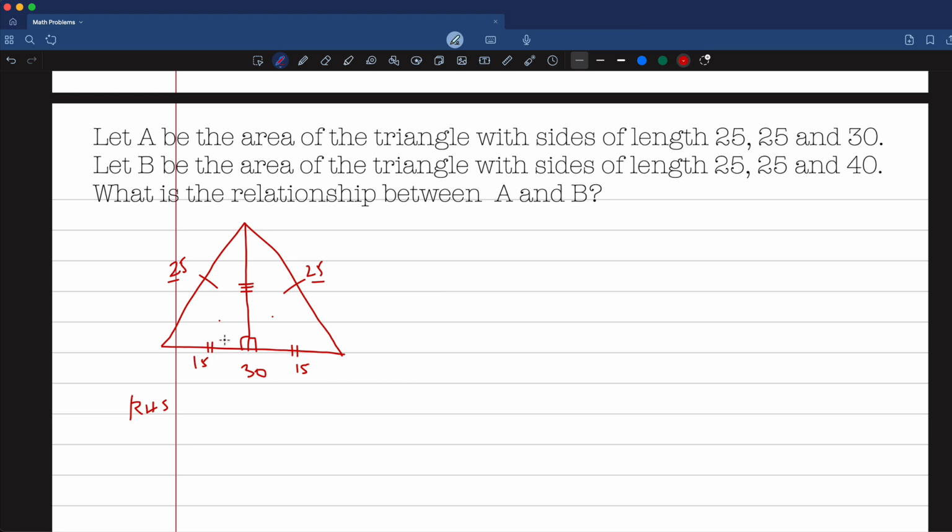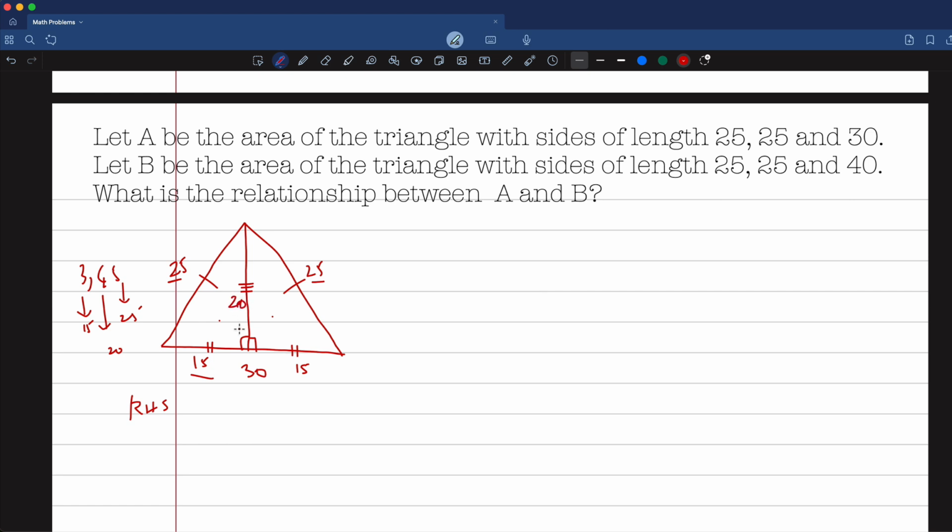The next step would be to actually find the height, because if you know the height, then you know the area of this triangle. To find the height, you think about Pythagoras theorem. You have 25 and 15, and you know it's a triad of the form 3, 4, and 5. 3 times 5 is 15, 5 times 5 is 25, and therefore 4 times 5 needs to be 20.